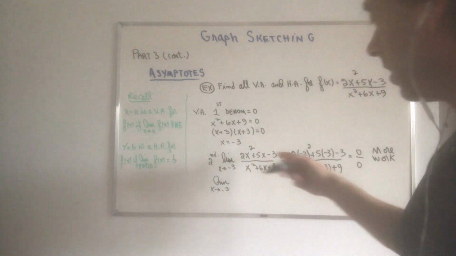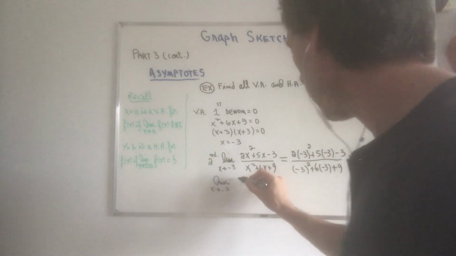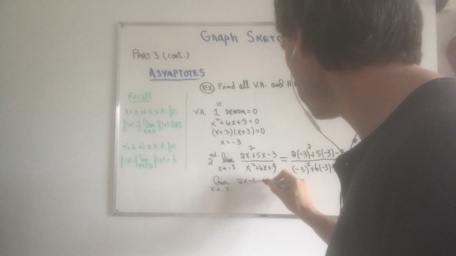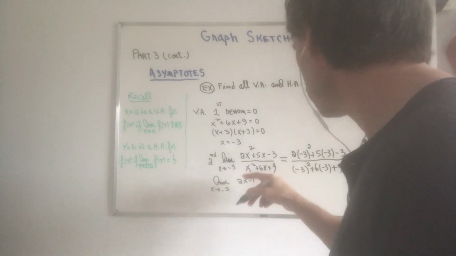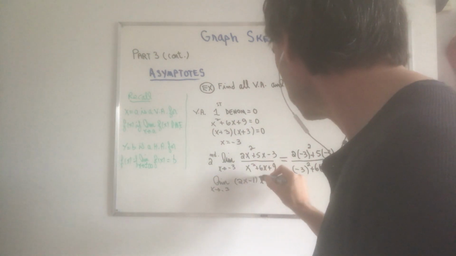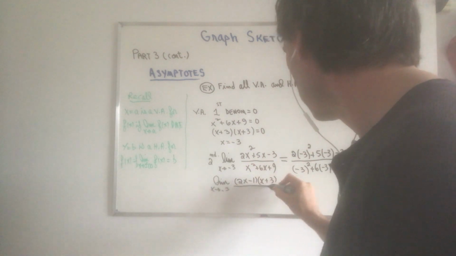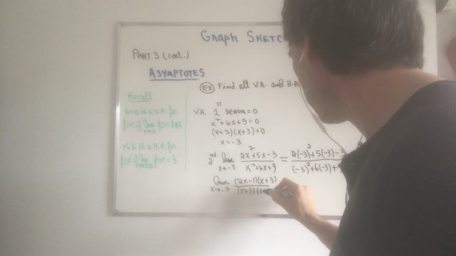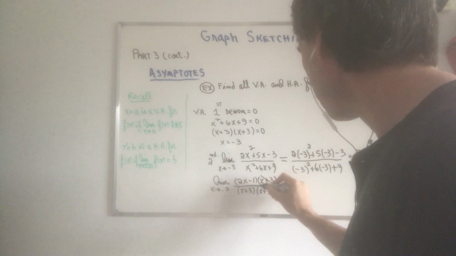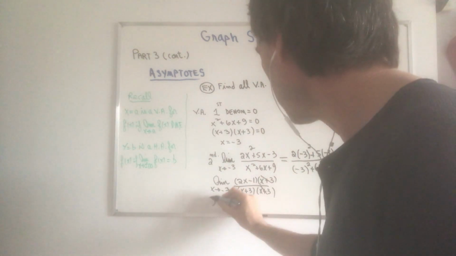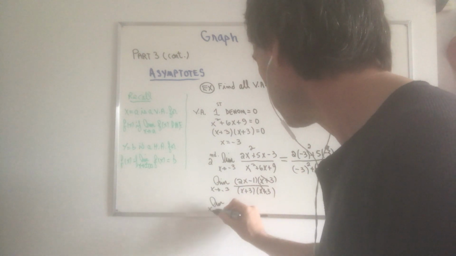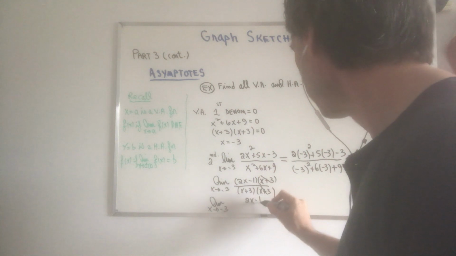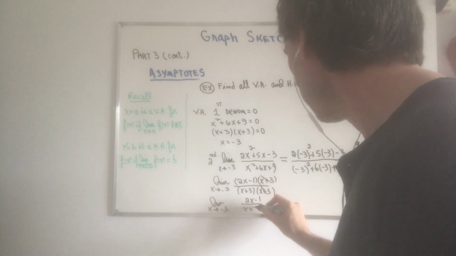So let me see. Well, this is certainly something that needs to be factored. 2x minus 1 and x plus 3 should do the job on top. The bottom, we've already done before: x plus 3, x plus 3. This cancels. And now I find myself with the limit as x approaches minus 3 of 2x minus 1 over x plus 3.